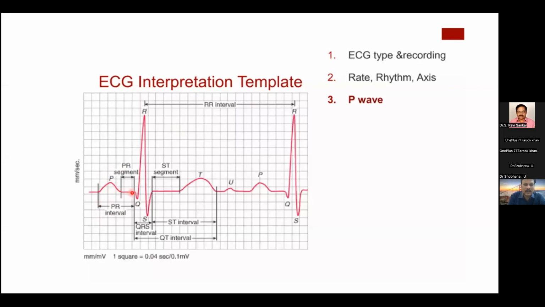The QRS complex begins with whatever comes first. If it is a Q, then it is the QRS complex. If the first wave is R, then it is also the QRS complex, to the end of the S wave. So we will see all these things today.